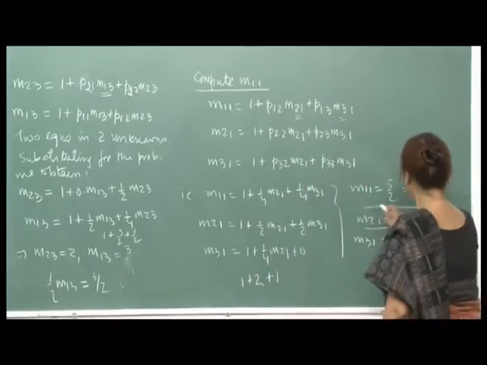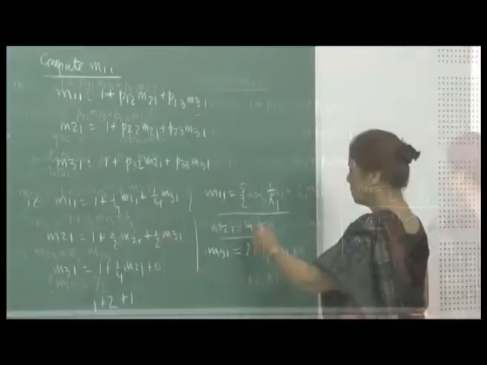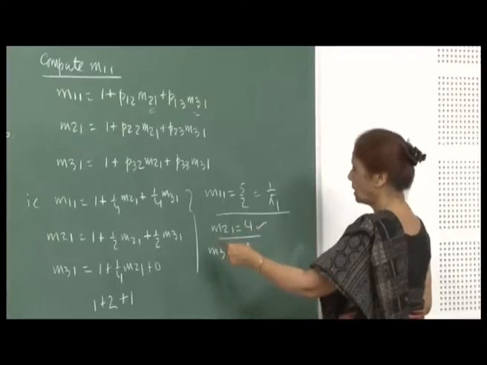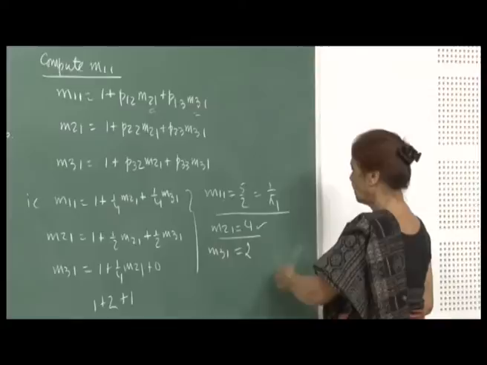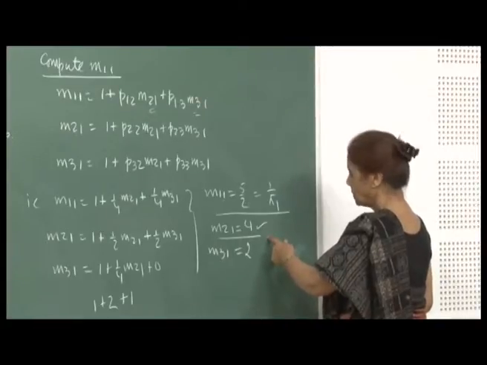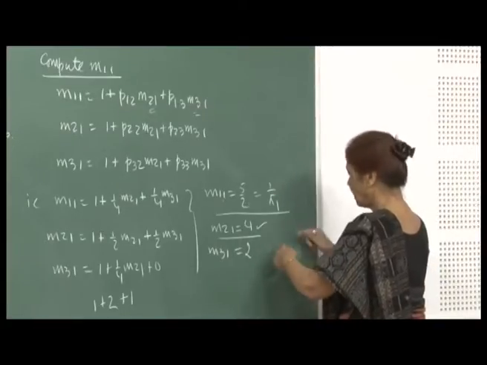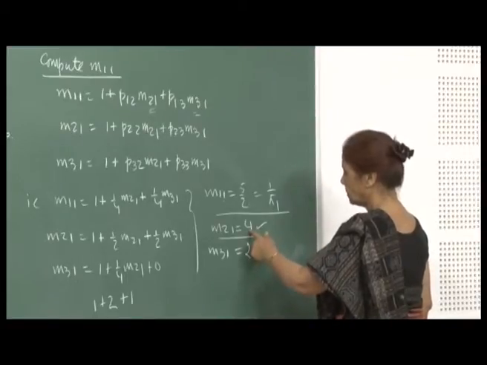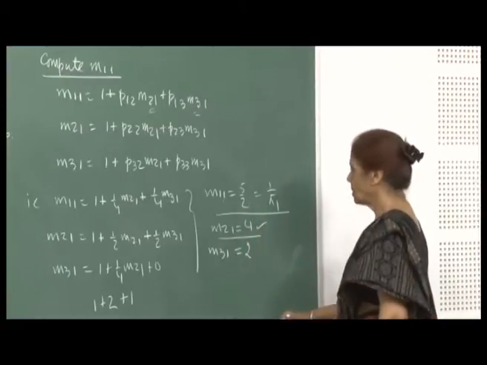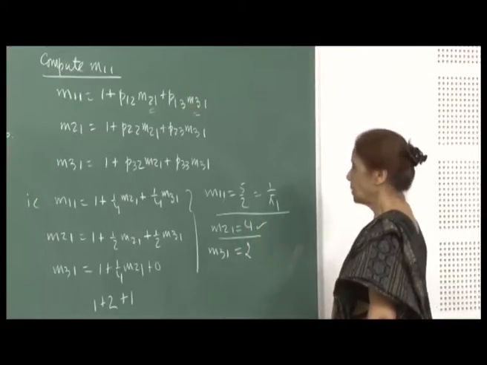Yeah, this is coming out to be high because remember there is no direct arc from 2 to 1. So, you can of course go from 2 to 3 then 3 to 1 for the first time, and that is 2, but then other paths when you go around it will be more, so the mean first passage time is coming out to be 4 and M31 is 2.